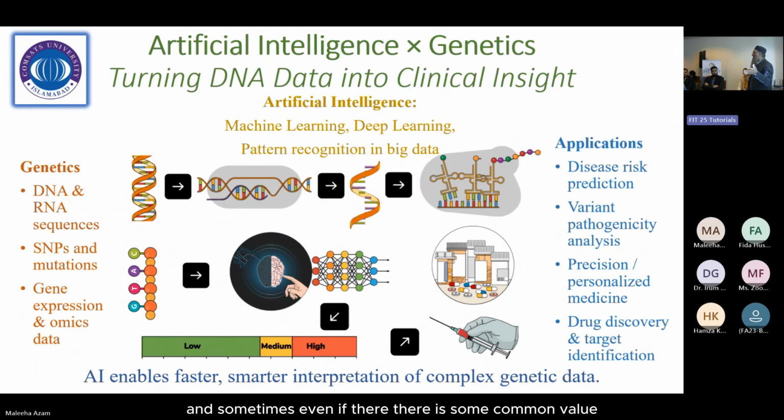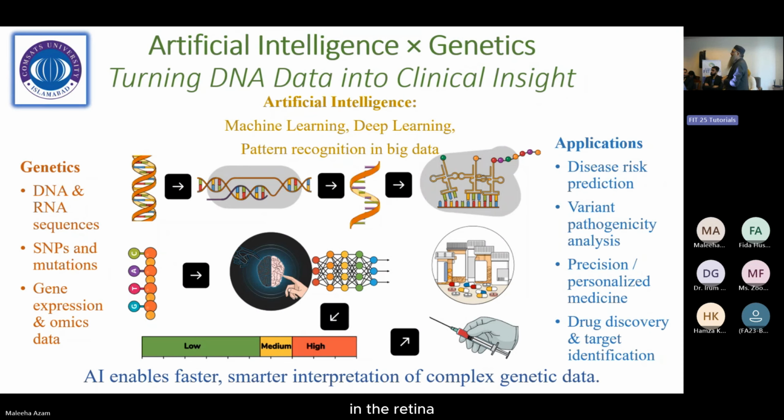Sometimes, if there is some common molecule, you can just offer medicine that can be taken orally. As an example, folic acid is a molecule that is necessary for many processes in the retina. If a person has a mutation in the gene involved in making folic acid, you can just give that person folic acid therapy, which they can take orally.